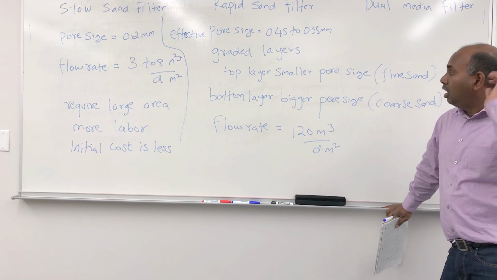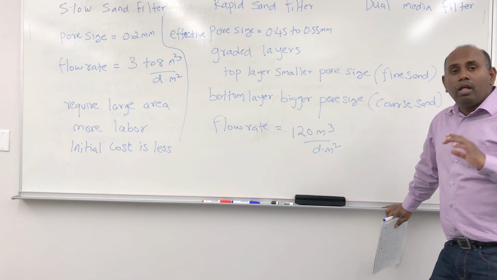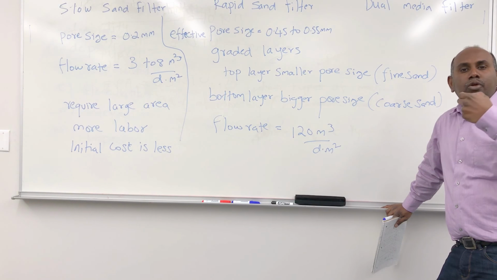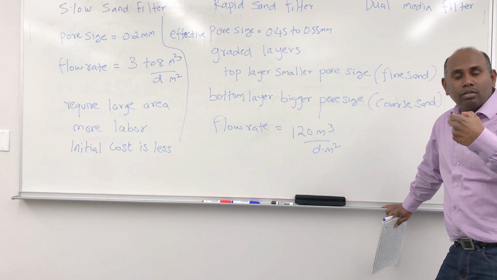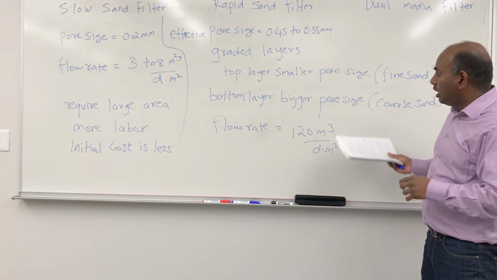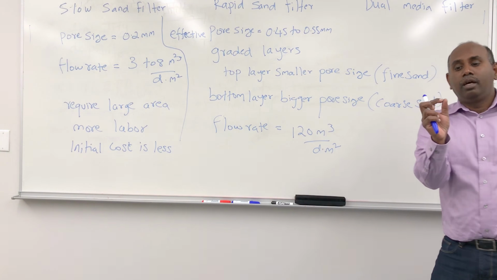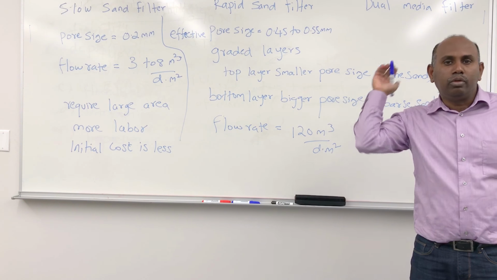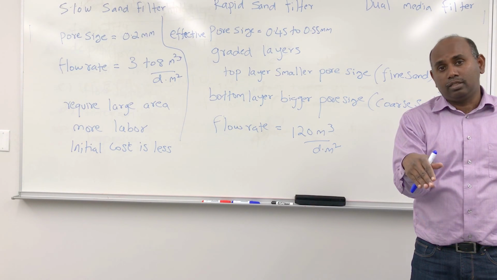So that helps. But again, the problem is, since you have fine sand in the top, meaning you have smaller pore openings or smaller spaces between the fine sand, whereas the coarse layer at the bottom has bigger size opening. When the opening is bigger, you can allow water to pass through faster.